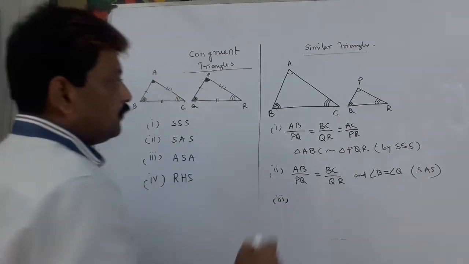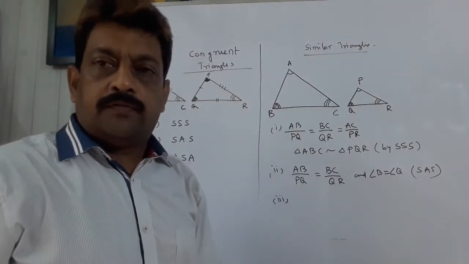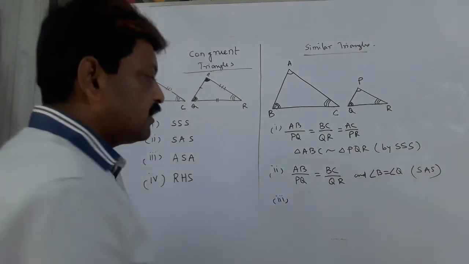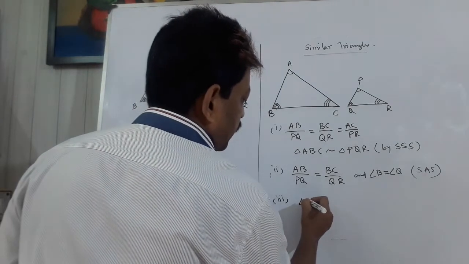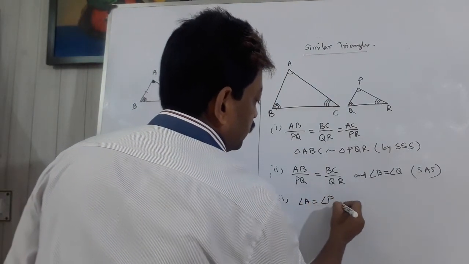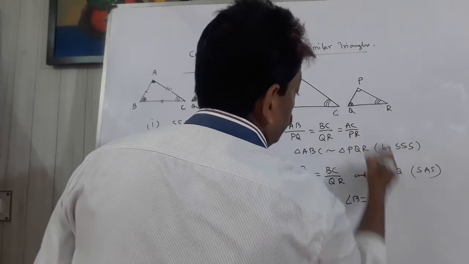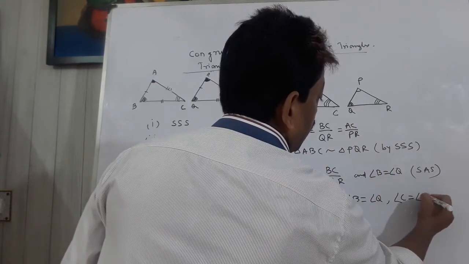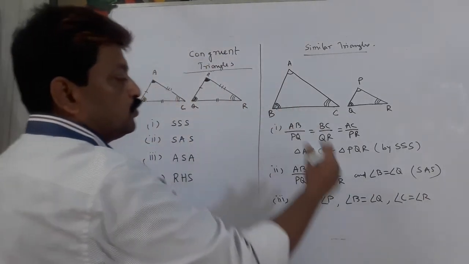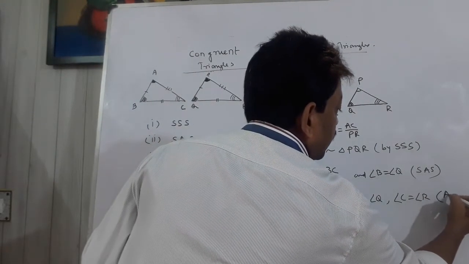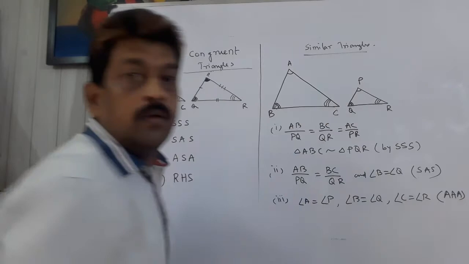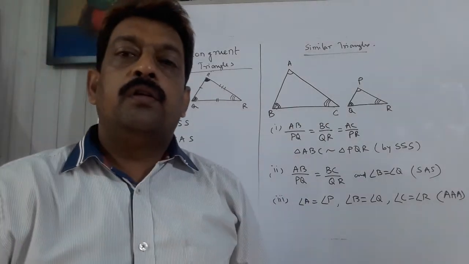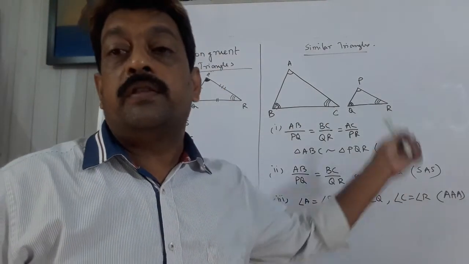Now, if all the angles are equal, that is, angle A equals angle P, angle B equals angle Q, and angle C equals angle R, then these two triangles are similar by the criteria AAA. But remember one thing, we don't have to show all the three angles equal.